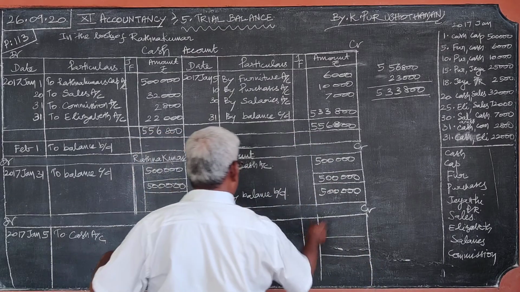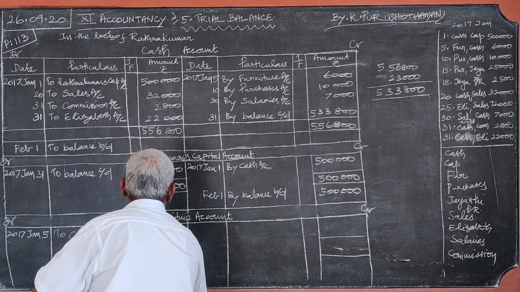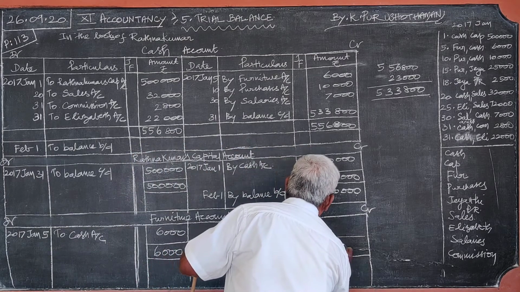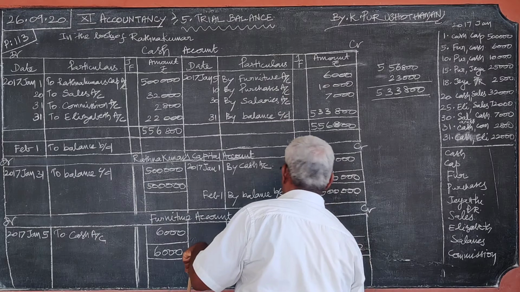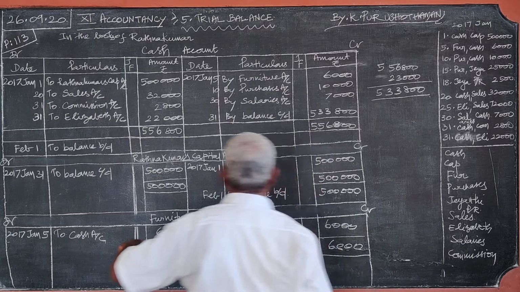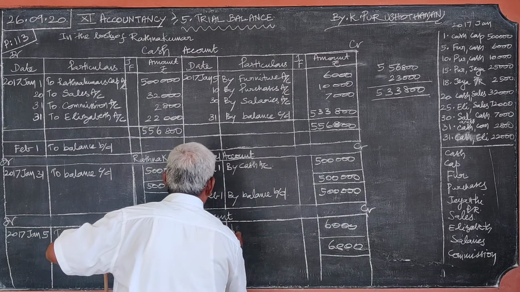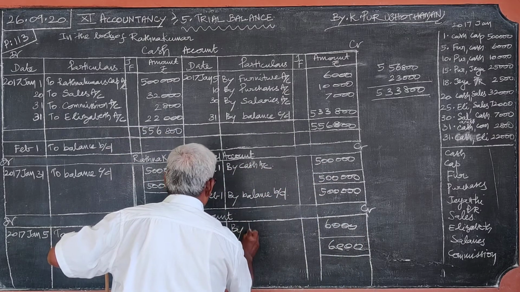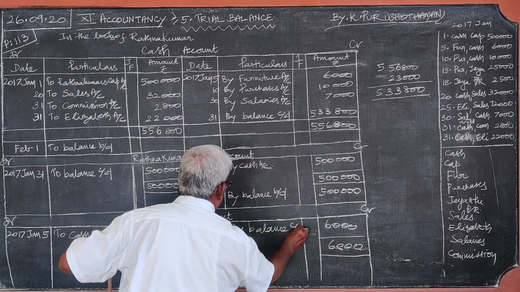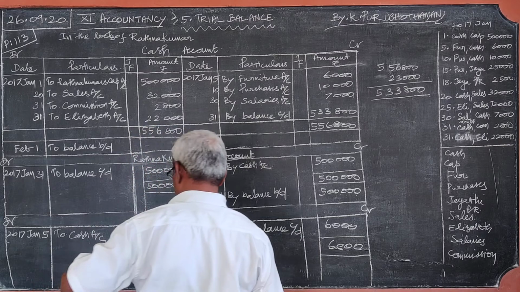Here total 6,000, here total 0. And therefore write the greater total. Here how much is missing? All the 6,000 is missing. Therefore by balance carried down, the balancing figure.